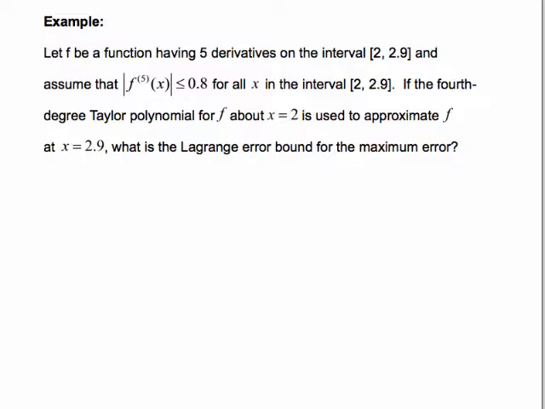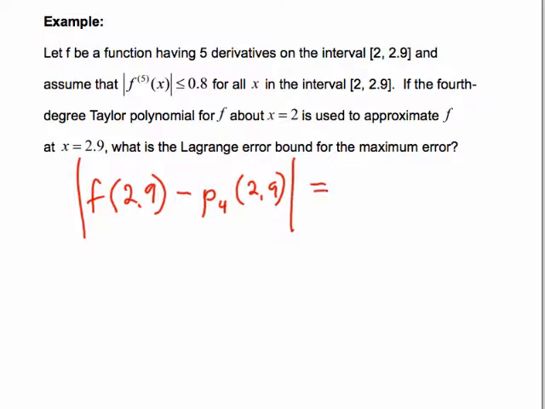So what we're saying is that the actual value of f of 2.9 is being approximated by the 4th degree Taylor polynomial at 2.9, and there will be a difference between these two. That absolute distance is our error r, using the 4th degree Taylor polynomial.